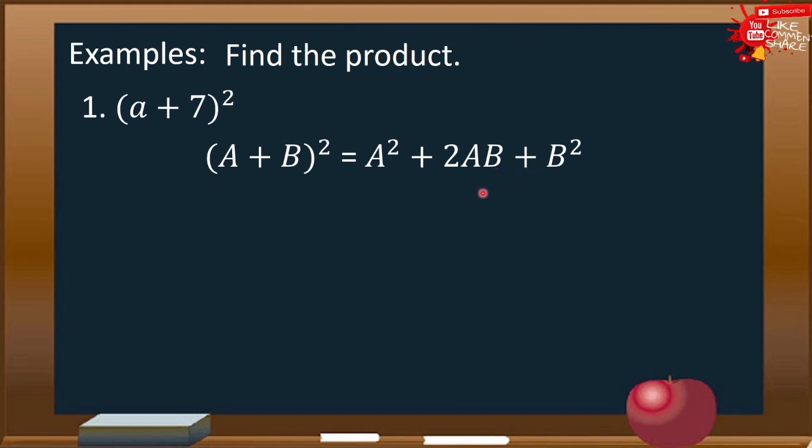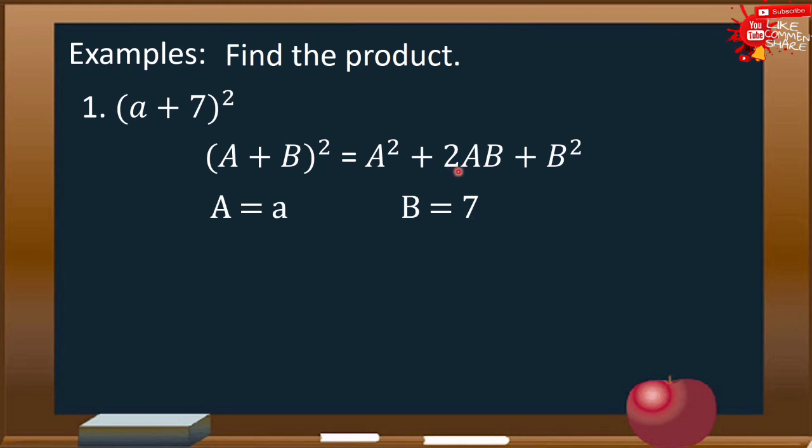We identify the value of A and the value of B, or the represented value of A and B. Capital letter A is equal to the first term, so our value for A is the variable A. And capital letter B is the second term of the binomial, so our B is 7.